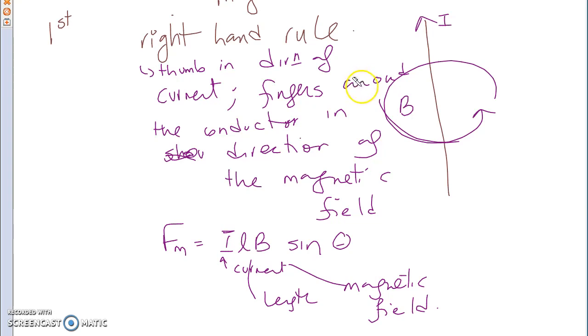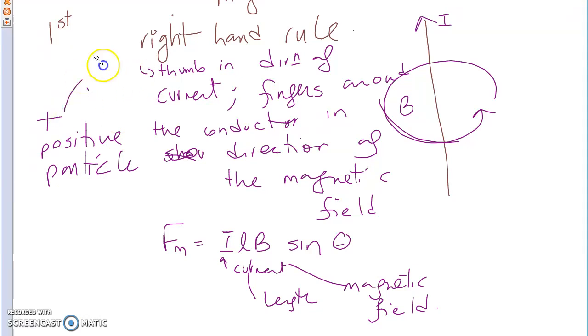Okay, and then we said that if you have a charged particle, then that's slightly different. So for a charged particle, depending on the particle, if the charged particle is a positive particle, then we use the right hand rule. Correct?